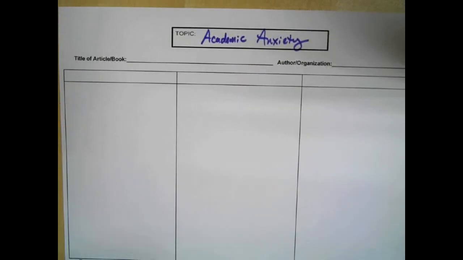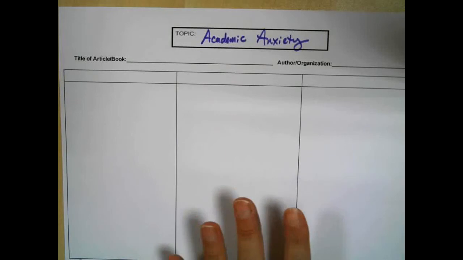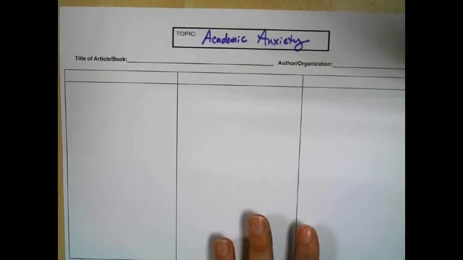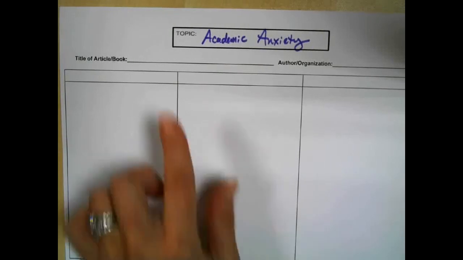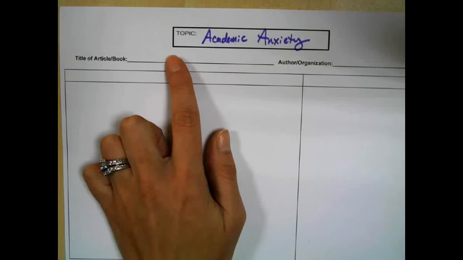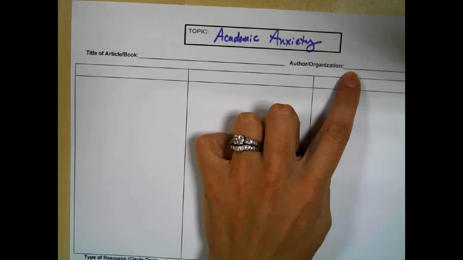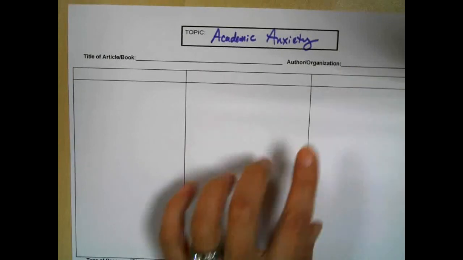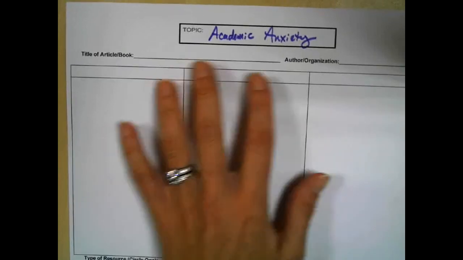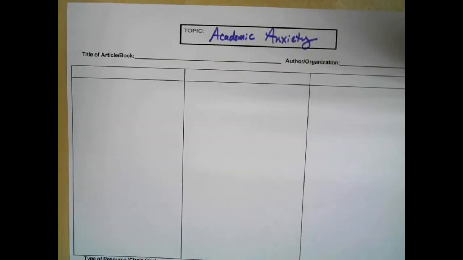So that's my general topic. Every one of my note pages will have that same topic at the top, but each one will be different because each one will have a different title of an article or book or source, and then same for the author or organization. So before I start taking notes, I want to make sure that I fill out the note page appropriately.